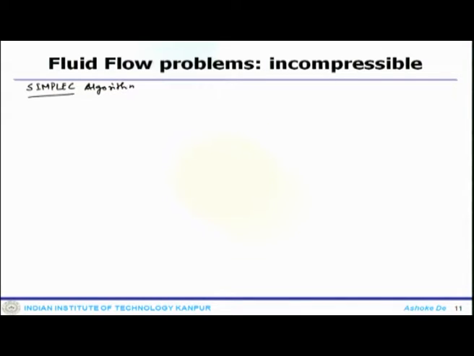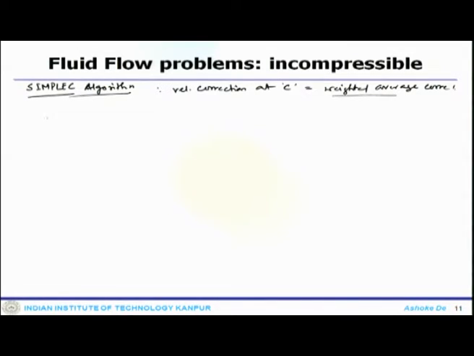Now, again as I said, this is a modified version of the SIMPLE algorithm, and it is derived by assuming the velocity correction at point C is some sort of a weighted average correction, I mean taking care of some weighted average corrections of the neighboring elements.